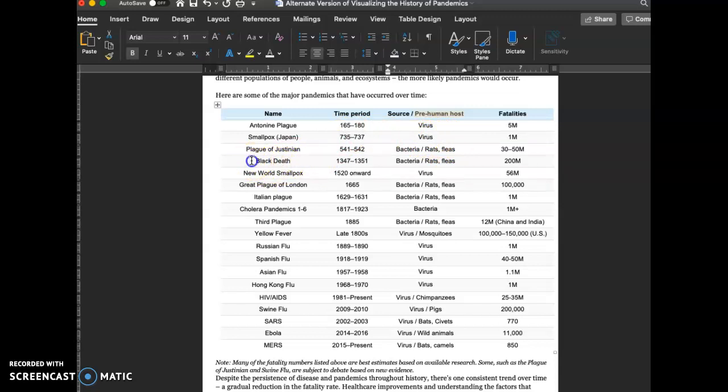But for the Black Death, which was the bubonic plague from 1347 to 1351, again, 200 million people died during that. That was a bacterial pandemic, and it did start in rats and fleas before it transferred over into humans. Now, connecting to the natural selection unit, the transferring of this bacteria from a rat or a flea to a human is only possible because of a random mutation.